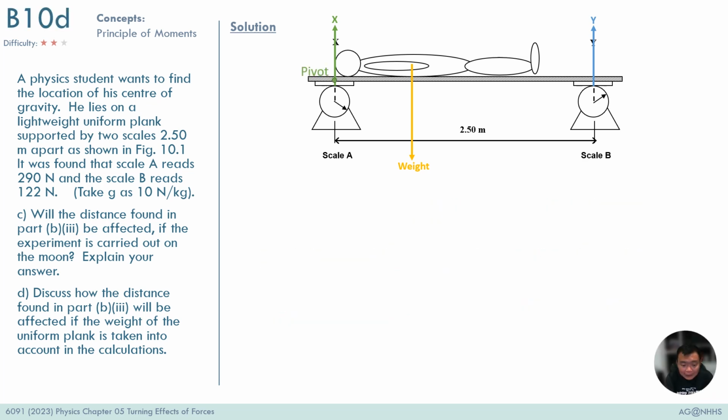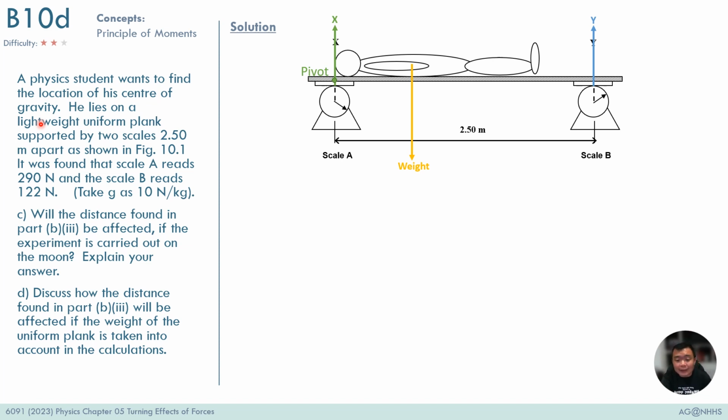Now in part D, you are to discuss how the distance found will be affected if we now consider the weight of the plank. Previously, we mentioned that the plank is lightweight. When we say lightweight, it means that the mass and the weight of the plank is almost zero, negligible compared to the other forces in the object.